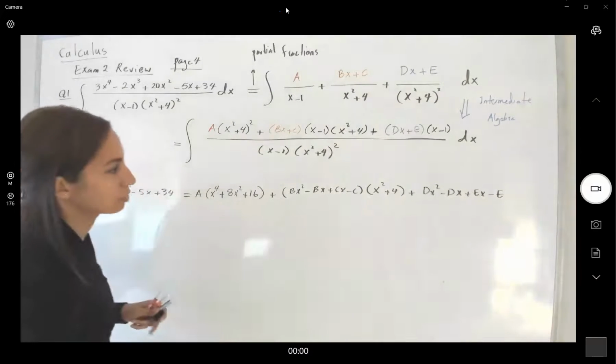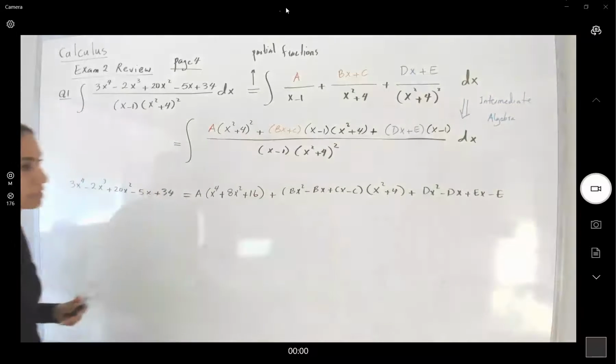So again, we have to multiply these two as well.